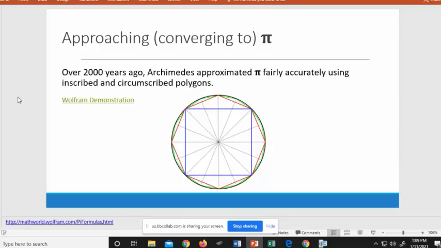But there's one method Archimedes used to approximate pi using inscribed and circumscribed polygons for a circle. Okay, so you can imagine. Let's see, I think I have this demonstration I'll try to pull up and see what happens as the number of polygons increases.